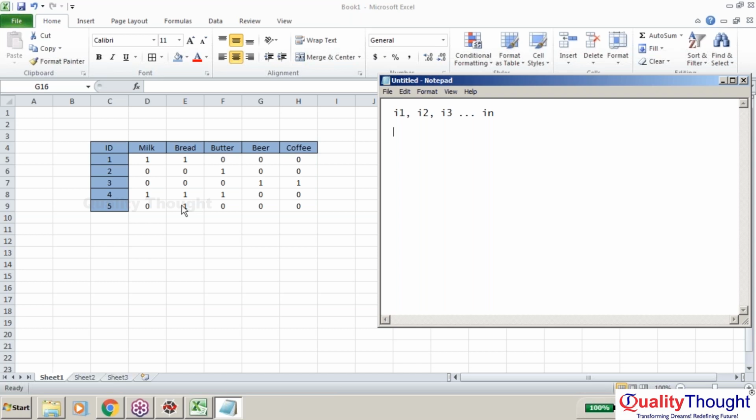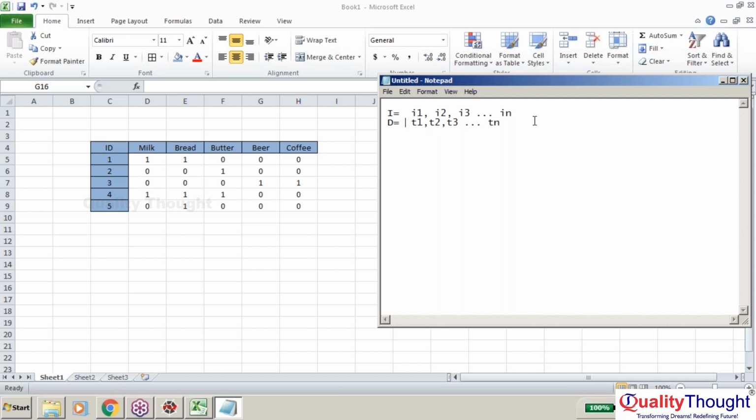Now, let's say I represents all the items, and D means a database consisting of all the transactions T1, T2, T3, and so on until Tn.